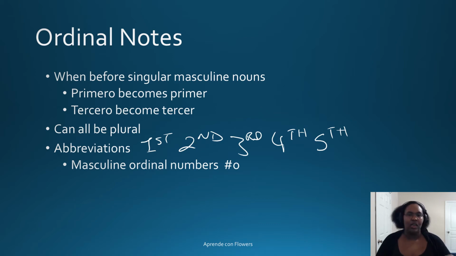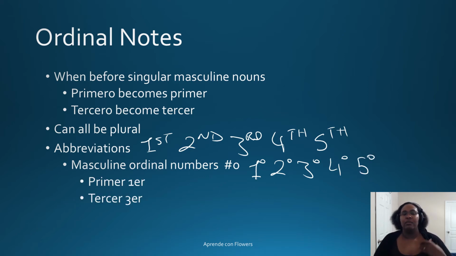So with the masculine articles, you'll just add the number and then the superscript O. So if it's the first and it's not a primer, it's a primero, you do 1-0. And then segundo, segundo, tercero, cuarto, quinto, and so on.